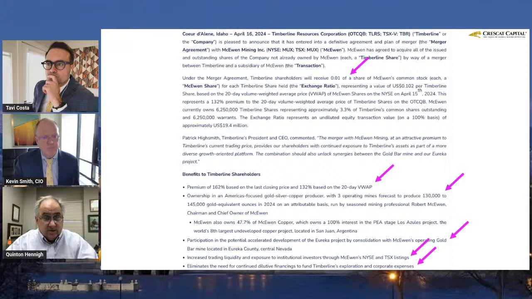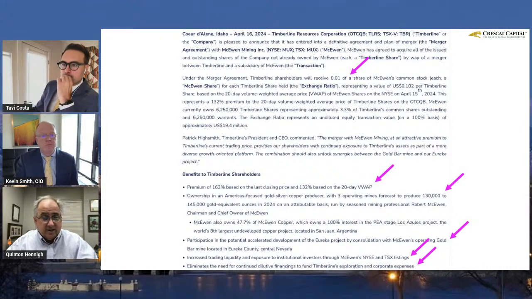It is a 162% premium, 132% over the 20-day VWAP. That's a pretty good premium, guys, and maybe that's a sign of things to come. Let's hope so. It does give owners of these shares exposure to a producing company now, which is good. It also has a copper component to it, and I think that's a good position.